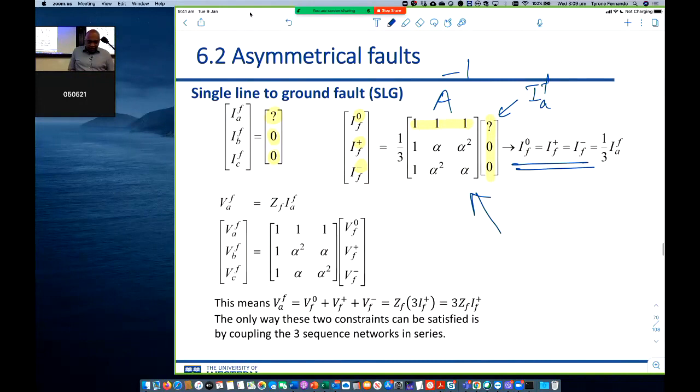What can we say about the phase voltages? Phase voltages are related to sequence voltages in this way, right? So phase A voltage is the first row multiplied by that vector, which is the zero sequence voltage, positive sequence voltage, and negative sequence voltage.